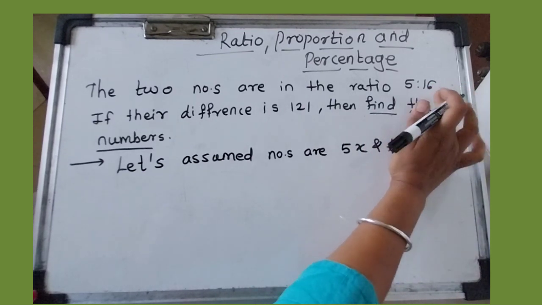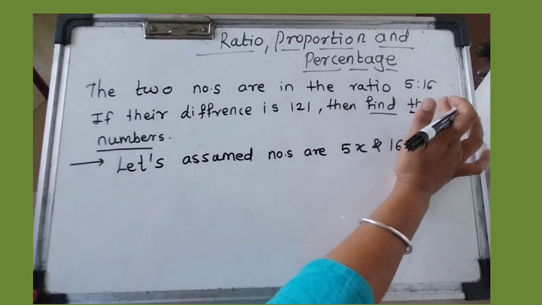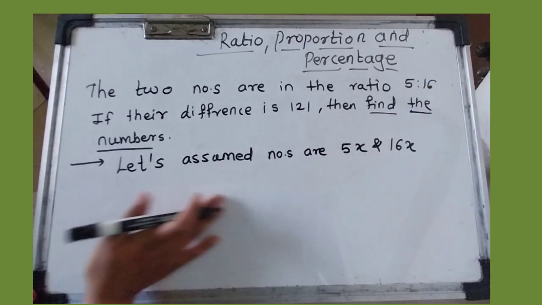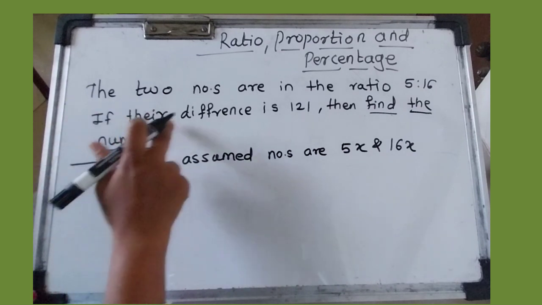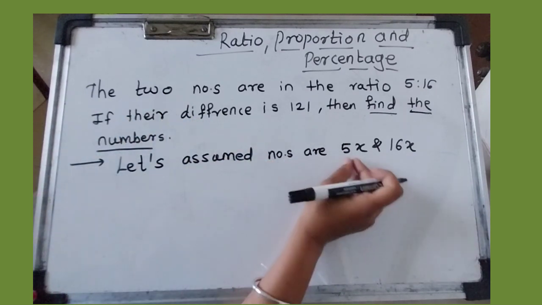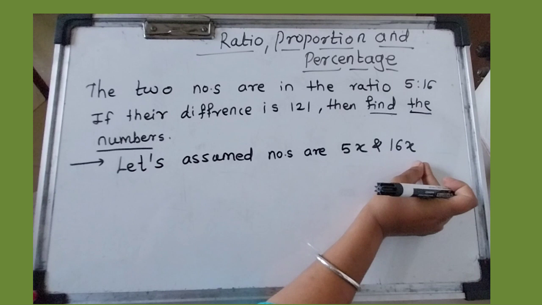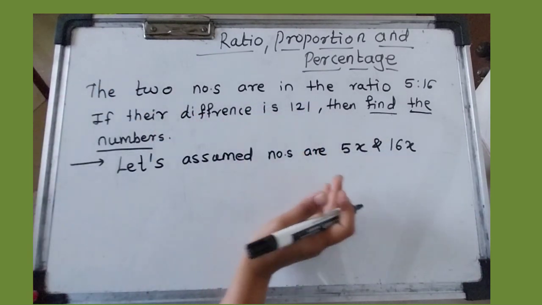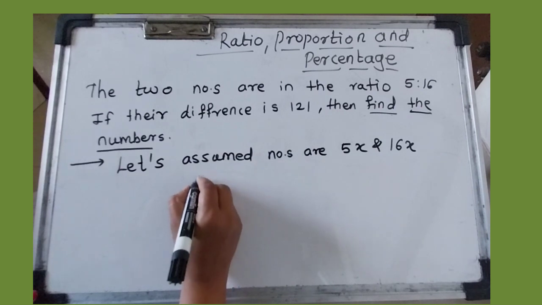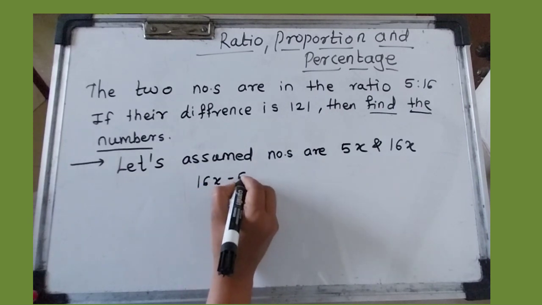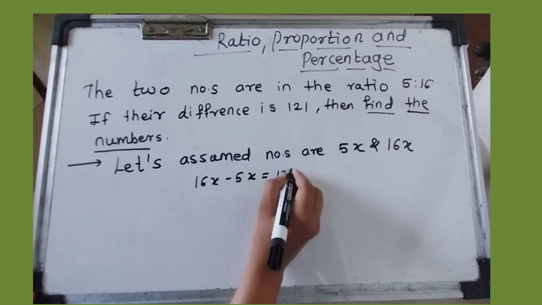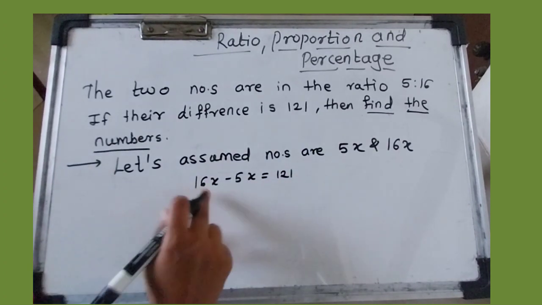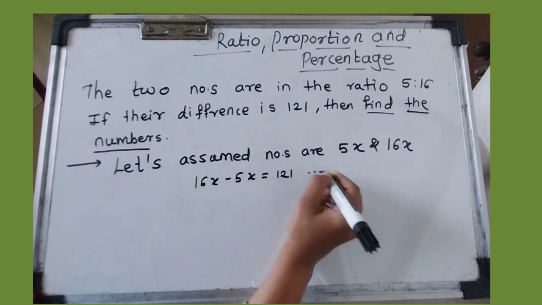What they given? Their difference is 11. So I write 16x minus 5x is 11. Clear? This is given.